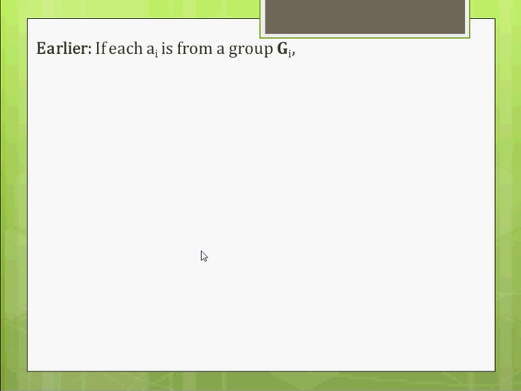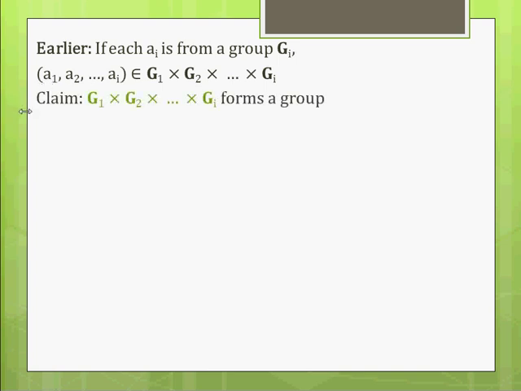First step. Now, earlier I said that if each component is in a group, then the whole thing forms a group. And now we have proof. And so the first step in showing that something is a group is we've got to show that it's closed, right?